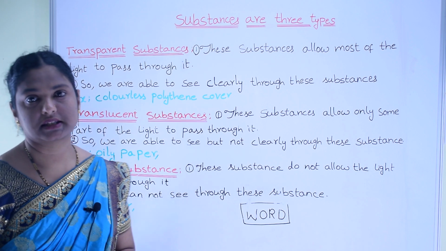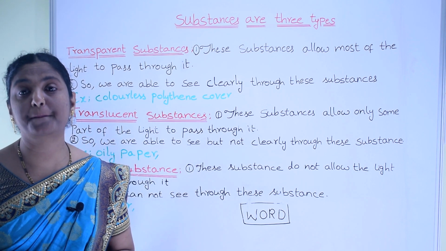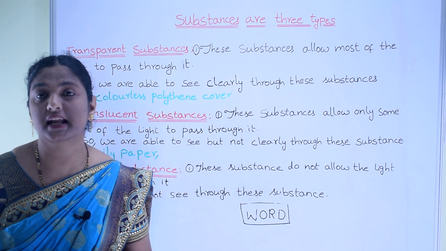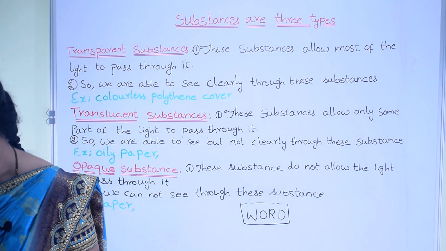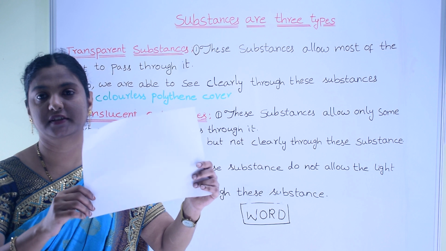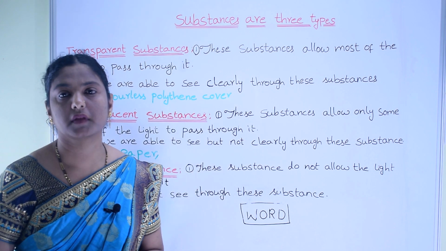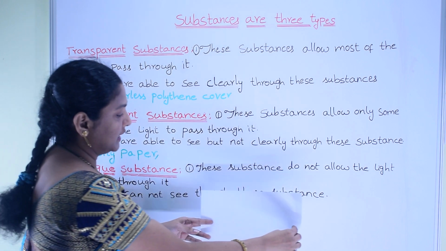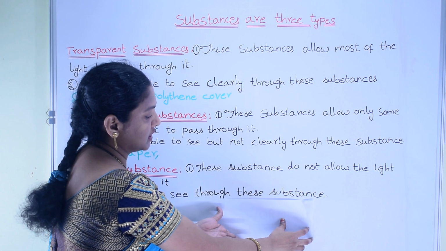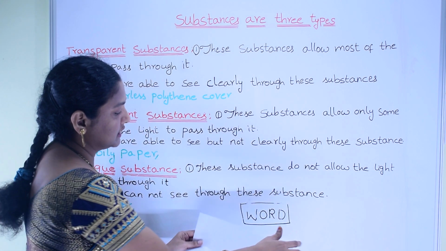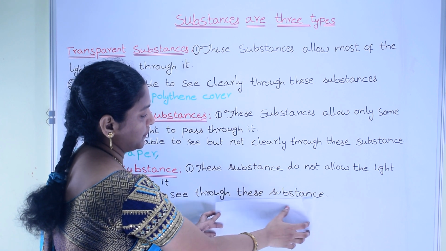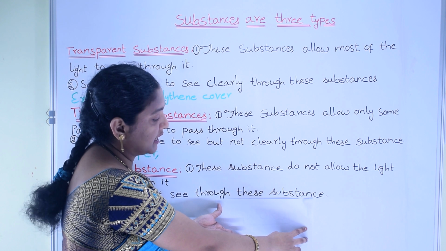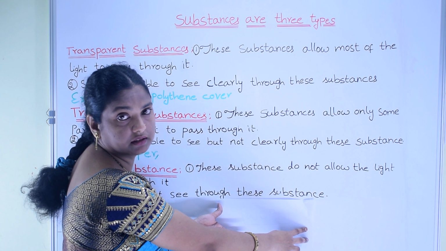Next, opaque substance. I am explaining opaque substance. For that, I am taking ordinary paper, like an A4 sheet. I kept this ordinary paper before this word. What do we observe? We cannot see this word.